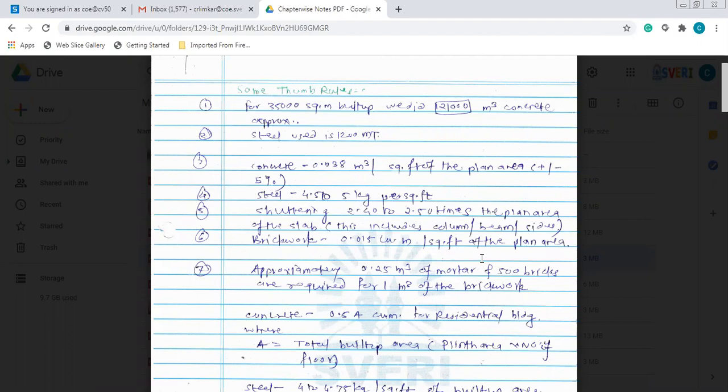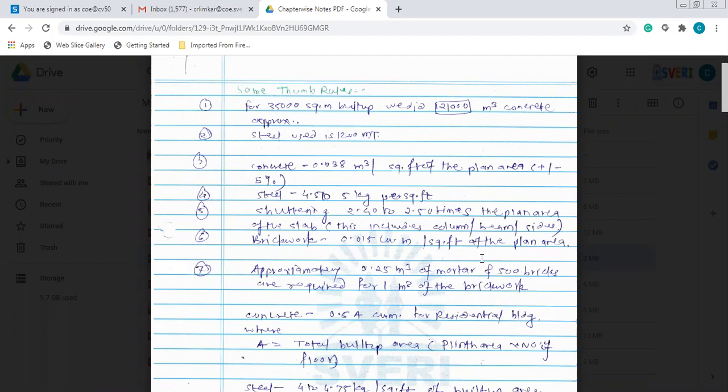Okay. Then as far as the mix design proportions are considered, that is for PCC, M5, M10, M15, M20. What is the quantity of cement bags that we require for M10 grade concrete? That is 1:3:6, or you can go for 1:4:8 proportion.